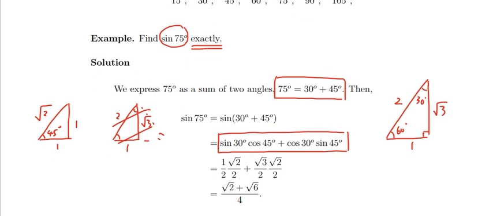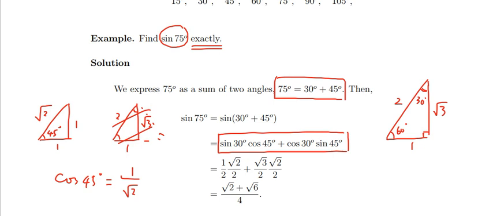So what is sine 30? Check here: sine 30, the opposite side over the hypotenuse, is 1 over 2, right? Cosine 45 equals 1 over radical 2.